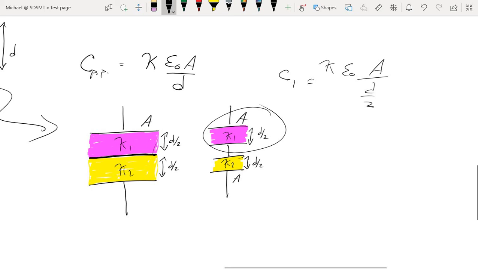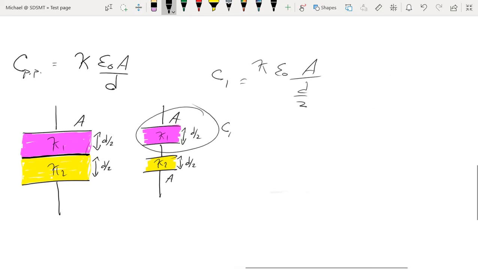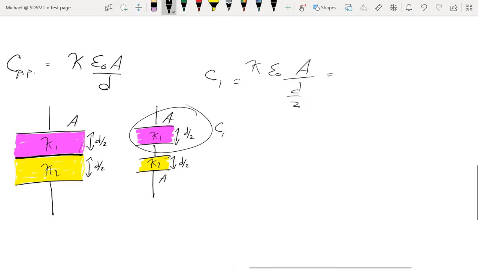And that would be the value of the first portion, which we're going to call capacitor 1. Needs to be a little bit of cleanup here. The d over 2 will turn into a 2 kappa 1 epsilon naught A over d. That's kappa 1, sorry.